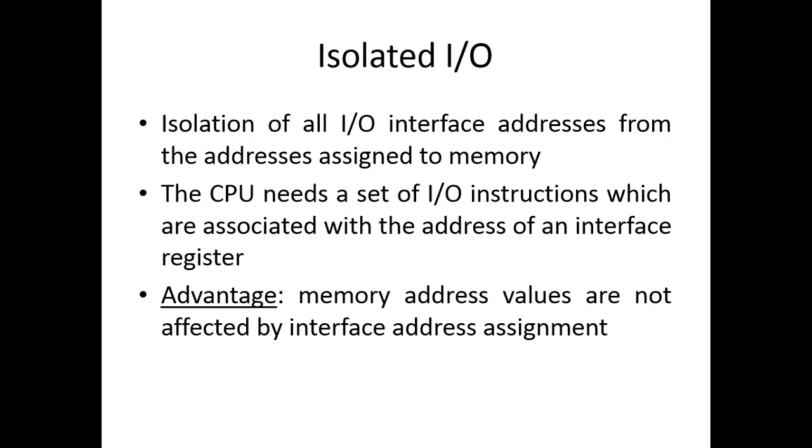So here, if we consider this isolated I/O configuration, the obvious advantage is that the memory word addresses are separated from the I/O addresses, and that's why memory word addresses are never affected by interface register address assignment.